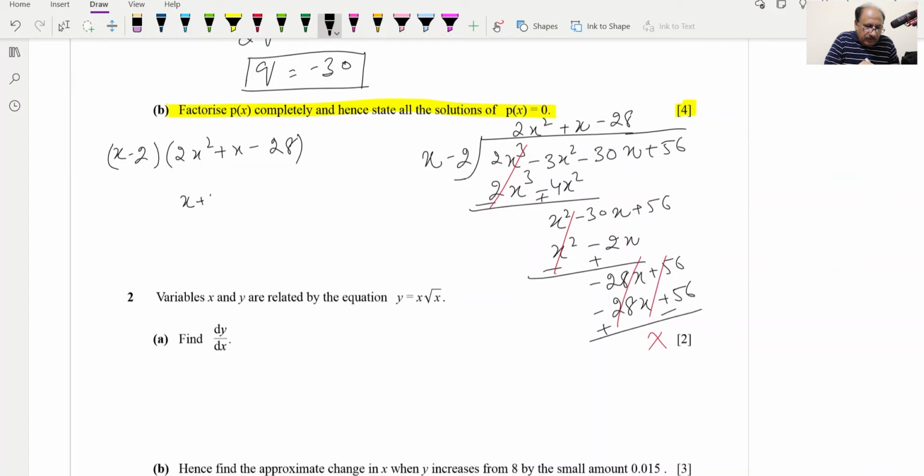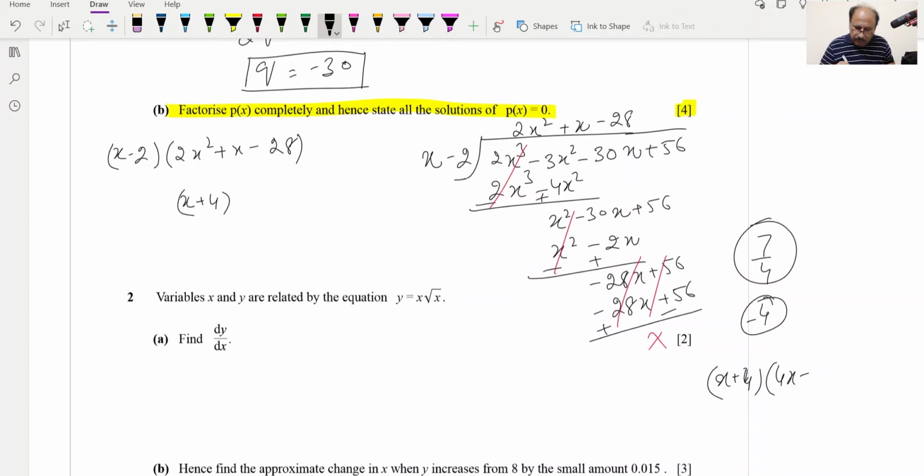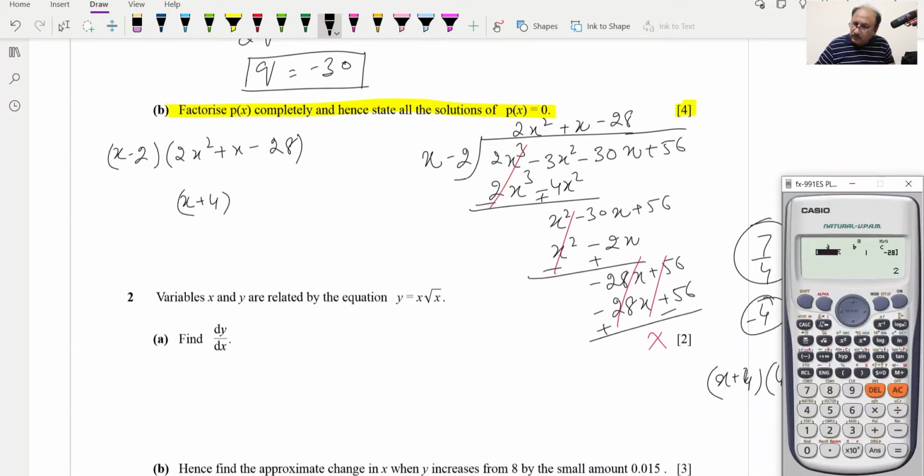So x plus 4, and for the other, it is 7 by 2, not 7 by 4.